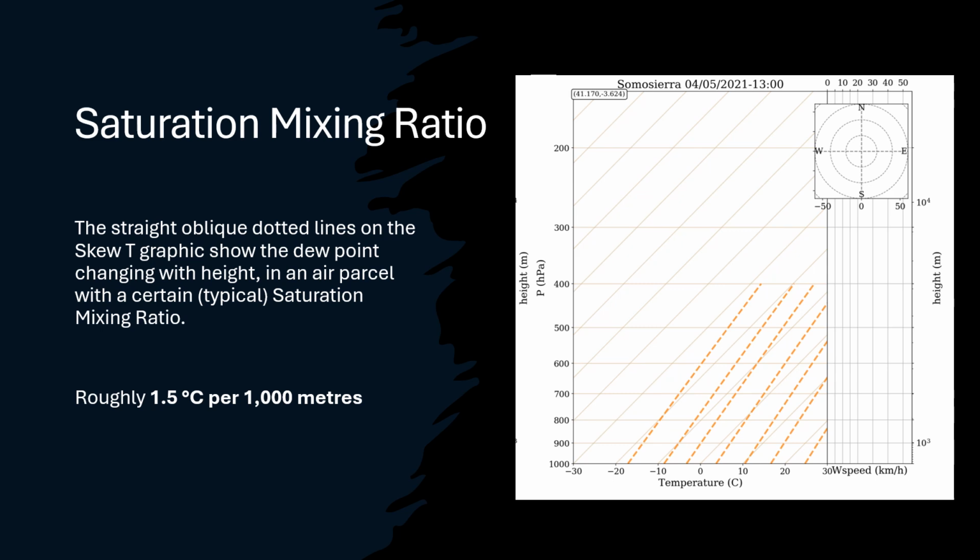The change in dew point temperature is a reduction of roughly 1.5 degrees centigrade for every 1,000 meters of height gained. This is equivalent to a reduction of around 0.5 degree centigrade per 1,000 feet.